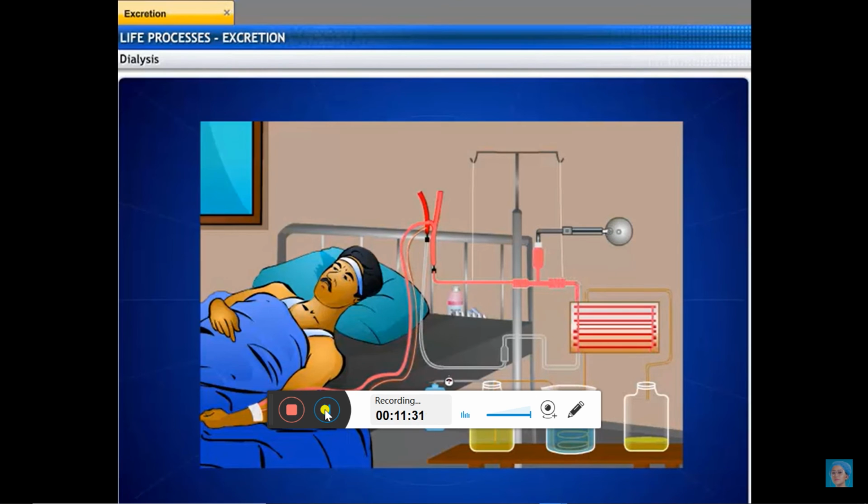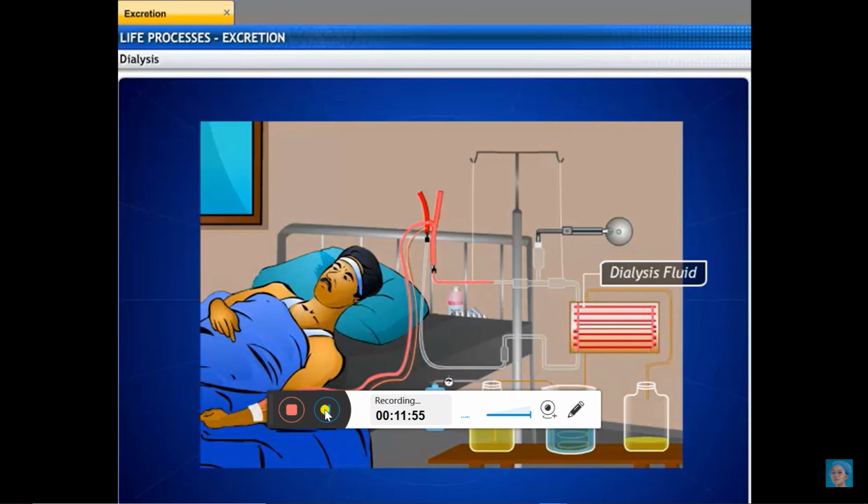An artificial kidney contains a number of tubes with a semi-permeable lining suspended in a tank filled with dialyzing fluid. This fluid has the same osmotic pressure as blood, except that it is devoid of nitrogenous waste.